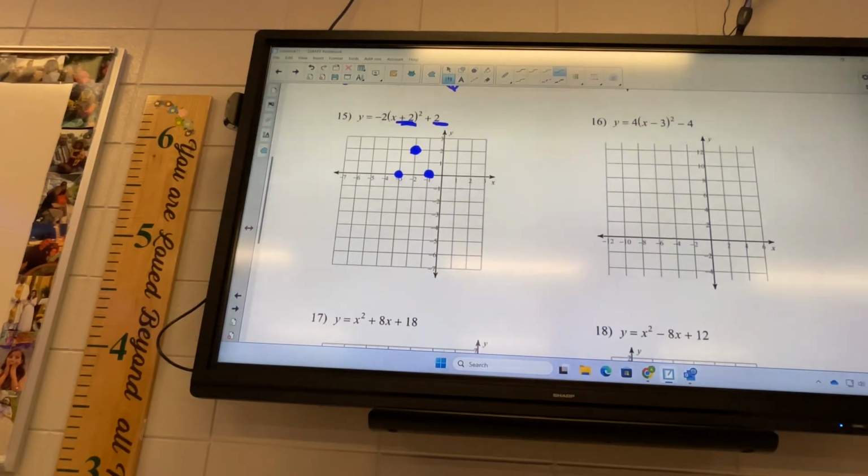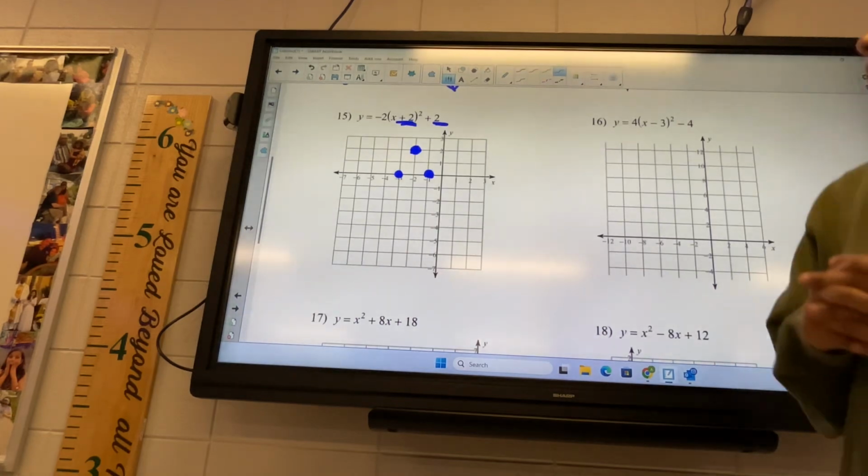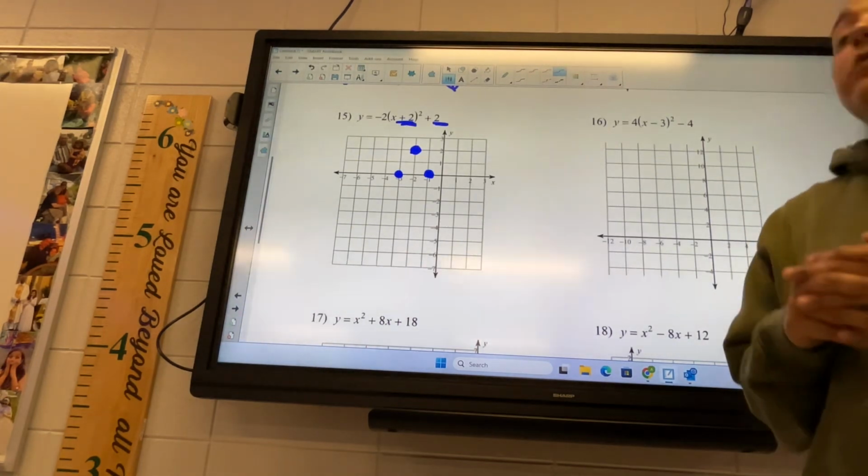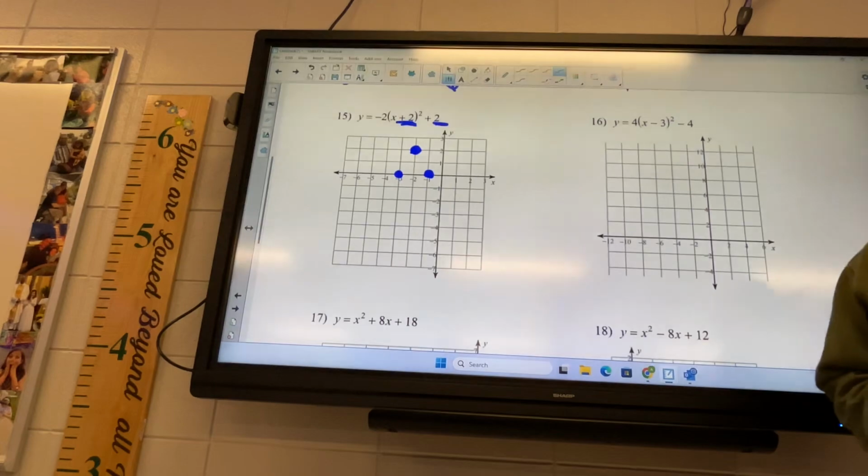So we would have to plug in. What are the 2 options that we get to plug into our calculator? Look at your graph. Close, but -5 and 1. -4 and what?